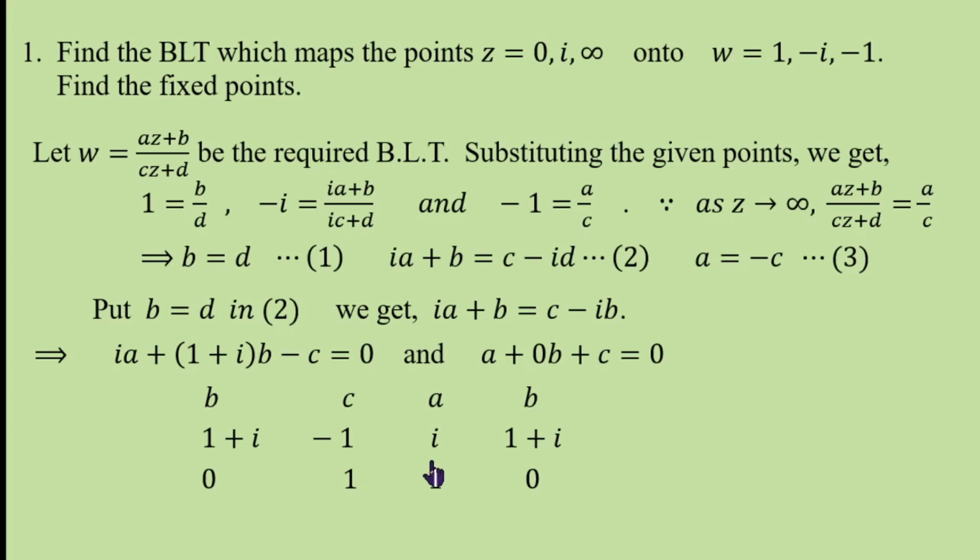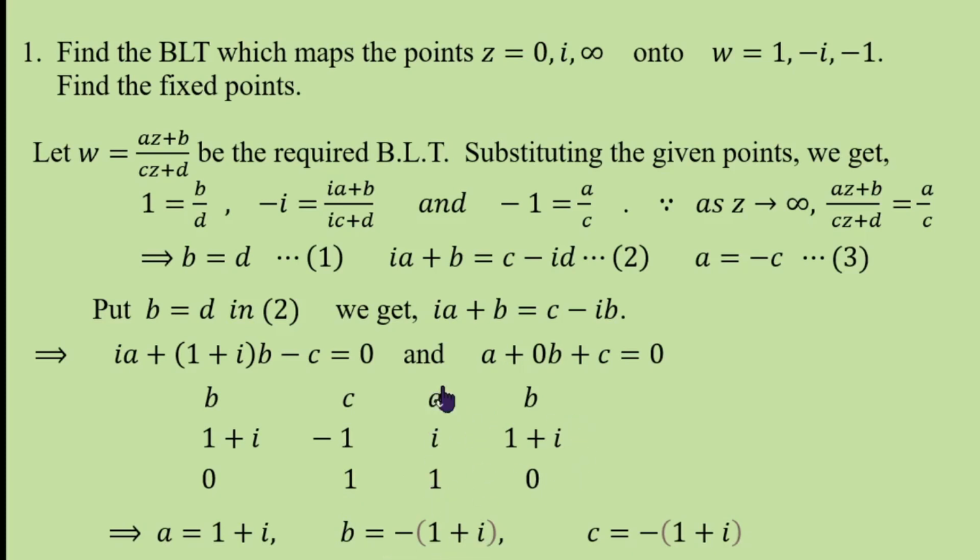After finding A, B, C, if there is any common term, you can divide it out, because this is a ratio. Now, to find A: (1 plus i) into 1 minus 0 into minus 1. 0 into minus 1 is 0, therefore A is 1 plus i. B is minus 1 minus 1 into i, which is nothing but minus 1 minus i.